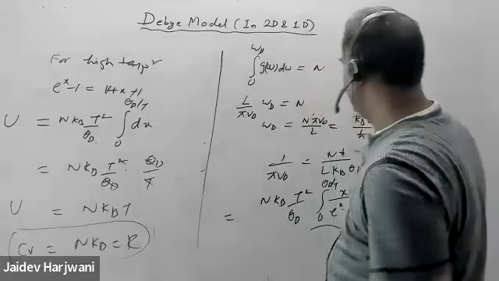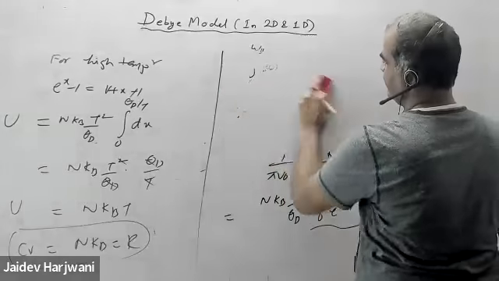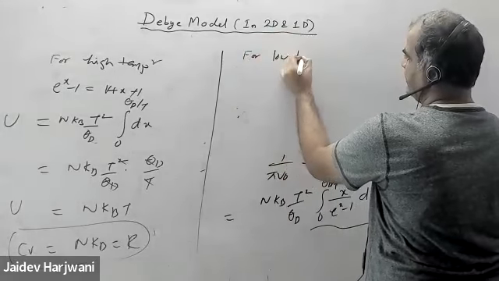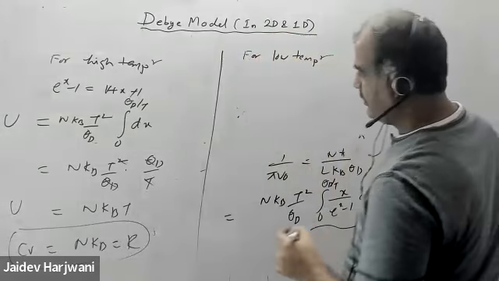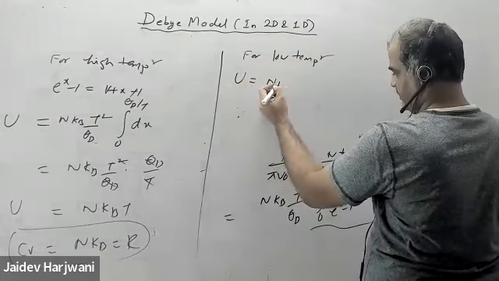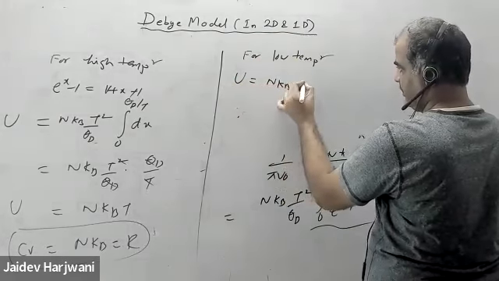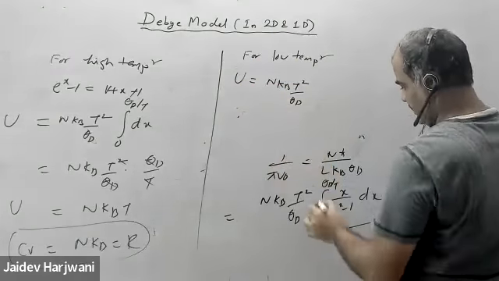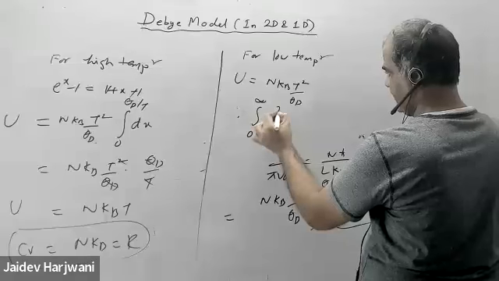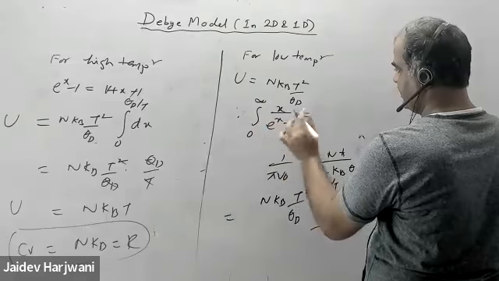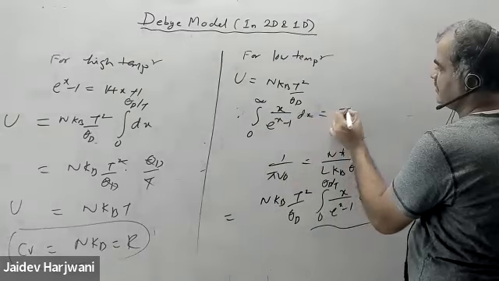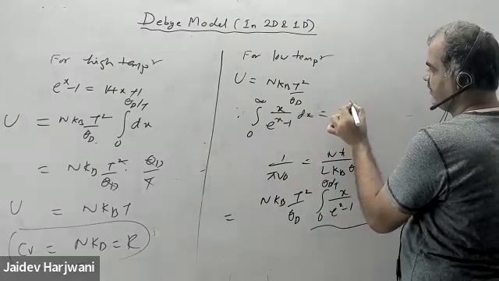If you want to solve this for low temperature, this is my expression. U will be n k_B T square upon theta_D, and the value of the integration from 0 to infinity of x upon e^x minus 1 dx is pi square by 6.